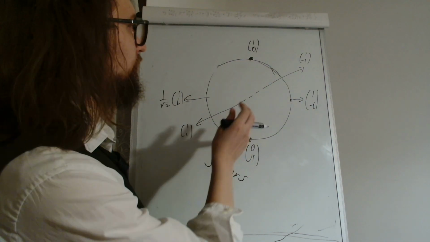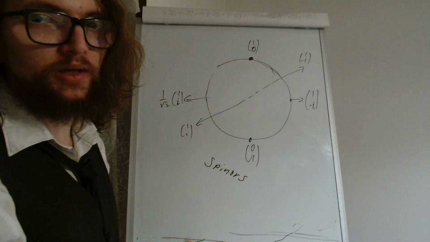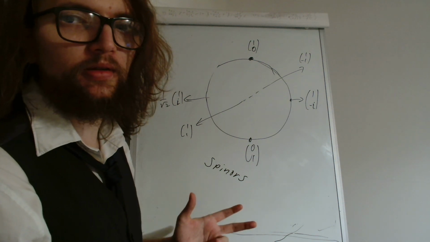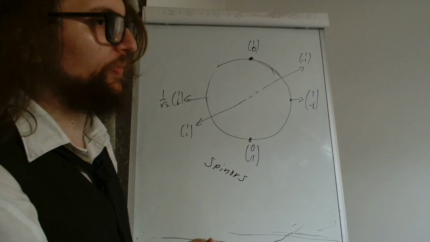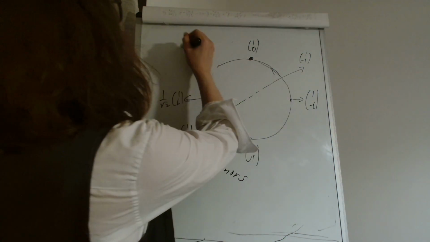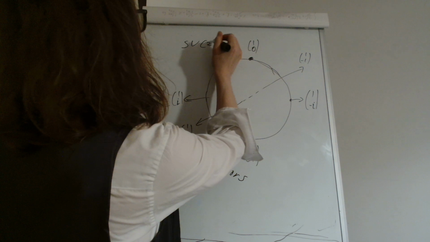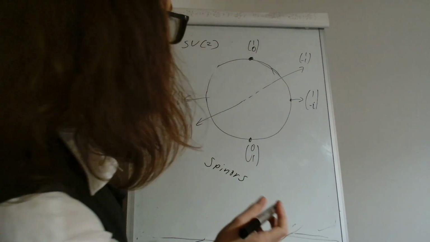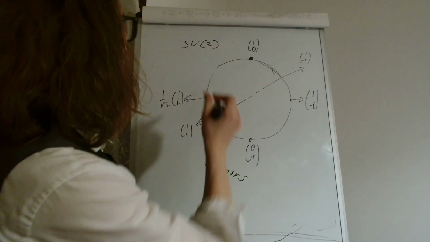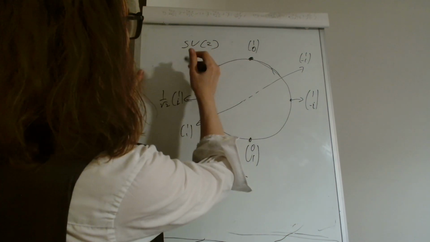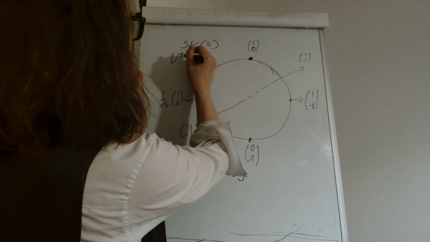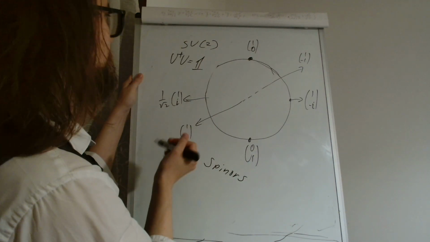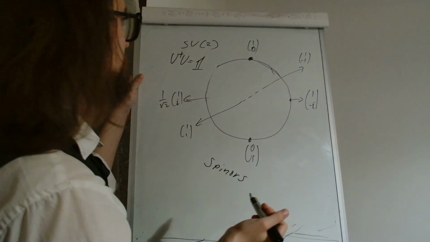Rotations on the Bloch sphere are particular operations which can be represented by matrices, and these matrices form the group SU2, which is the group of the unitary matrices of determinant 1. Unitary means that U dagger times U equals the identity. U dagger represents the transpose conjugate.